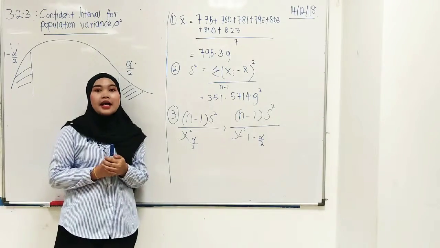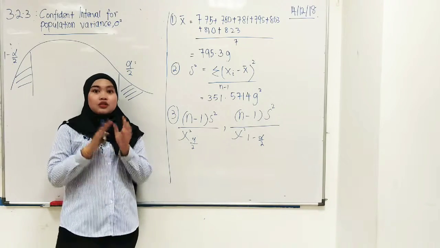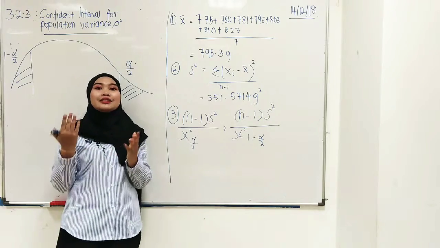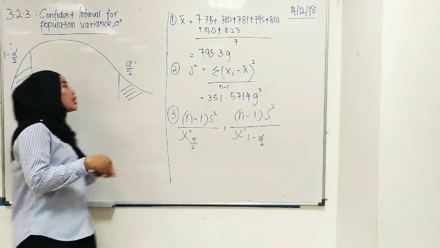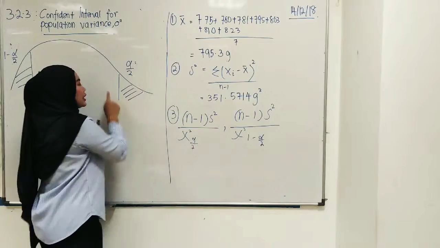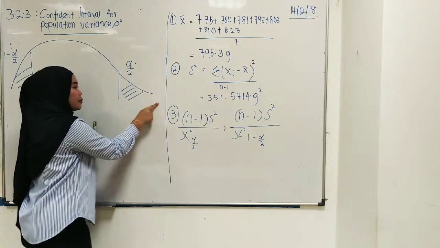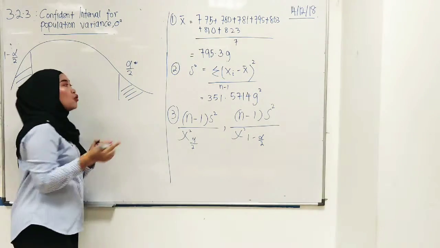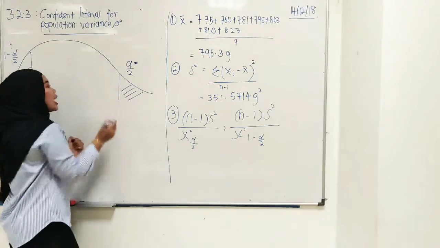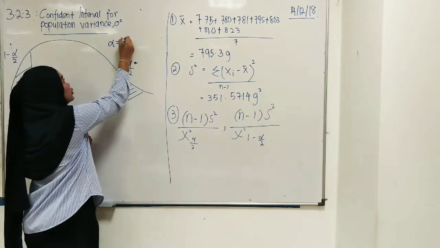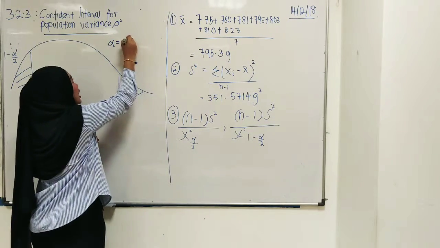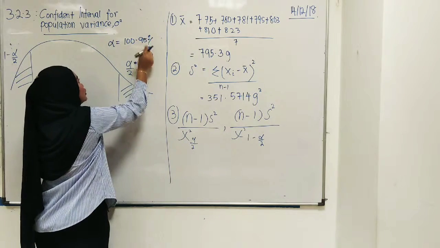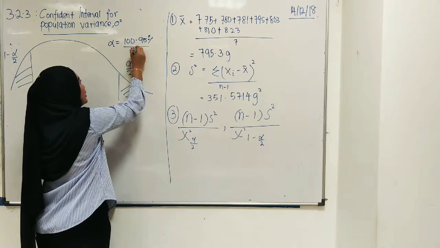We want to find the chi-square values from the chi-square table. Before that, I will show you how to calculate the alpha over 2 value. From the equation, we want to find alpha, which is equal to 100 minus 95%, over 100.